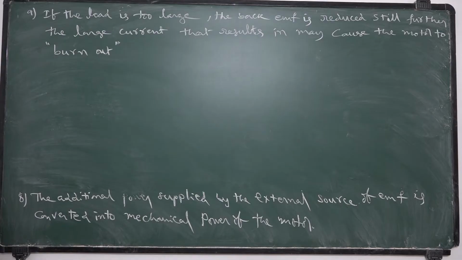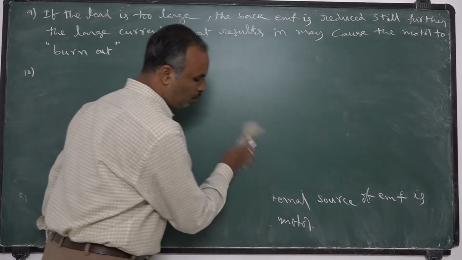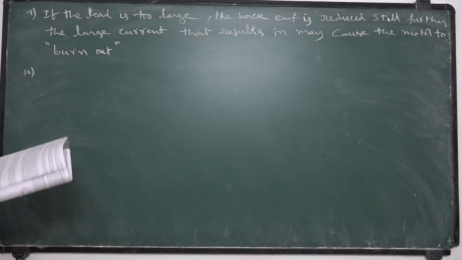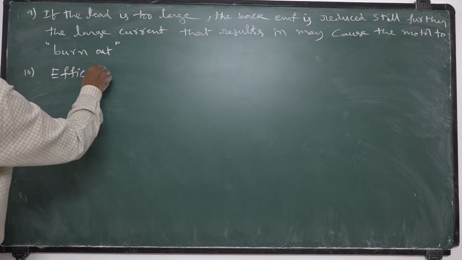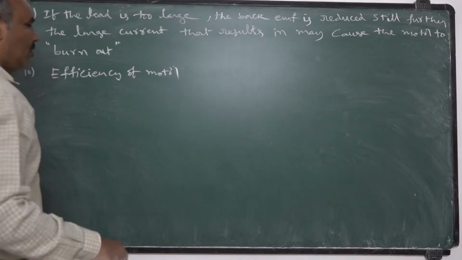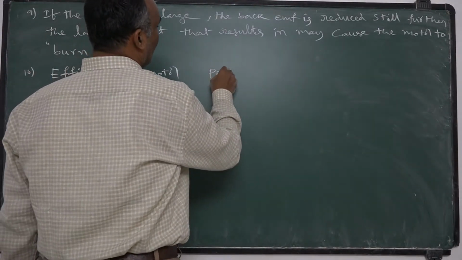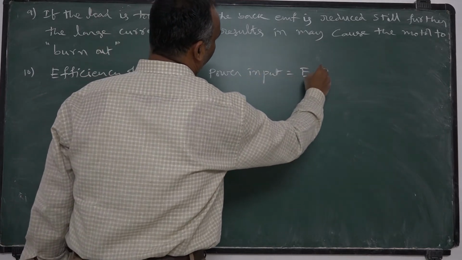So this is the ninth point. The last point, if I want to calculate the efficiency, is always defined as output by input. So, efficiency of motor. First of all, let me calculate power input, voltage into current.